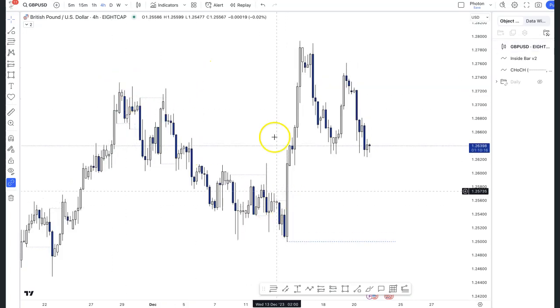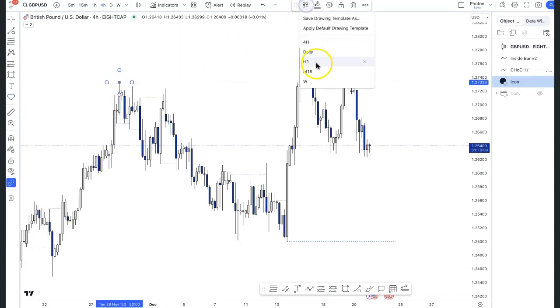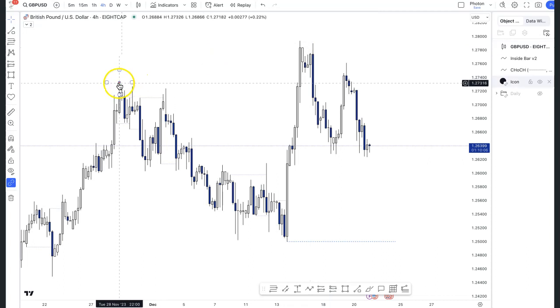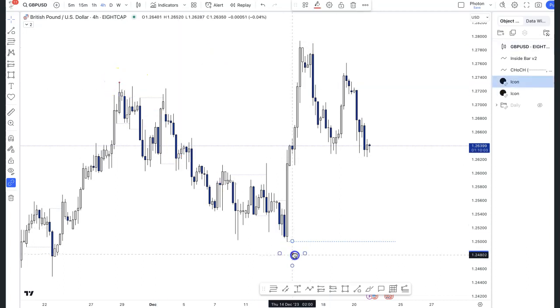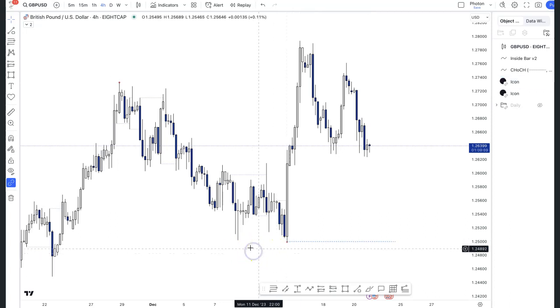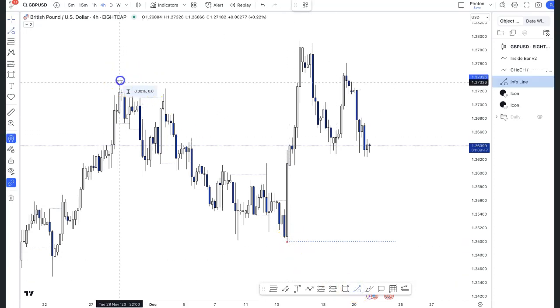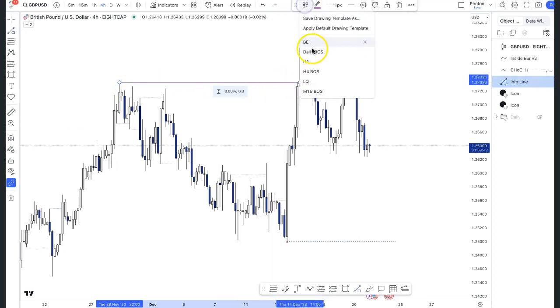This is the most recent break of structure, so I will take my pretty little circle and mark it here, mark it as the H4, and also drag it to this lower point. So this is my swing low, and this is my most recent break of structure. This is H4.